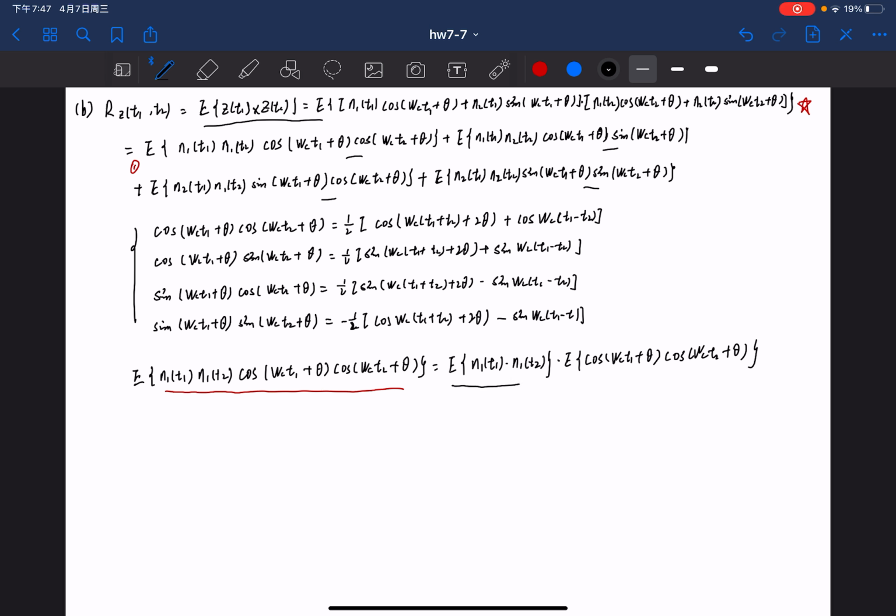And the first part we can find that it is the definition of the autocorrelation of N1(t), so it is equal to R_n1(tau). And for the second part we can use the first formula to substitute the product by using the sum or subtract format, and this part can be written as: the whole expression is equal to 1 divided by 2 R1(tau).